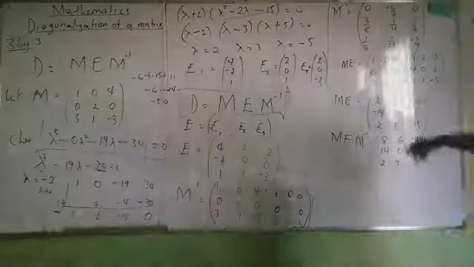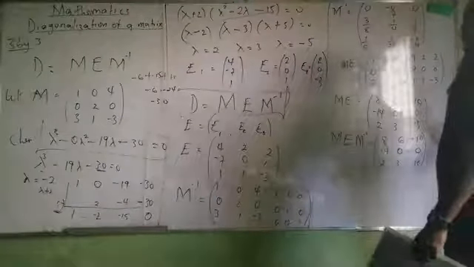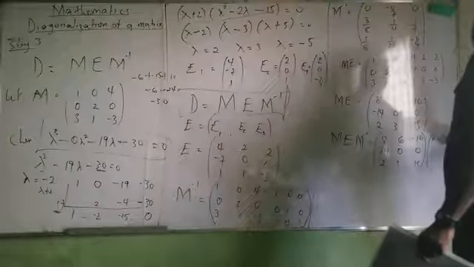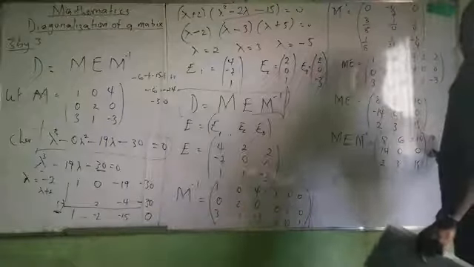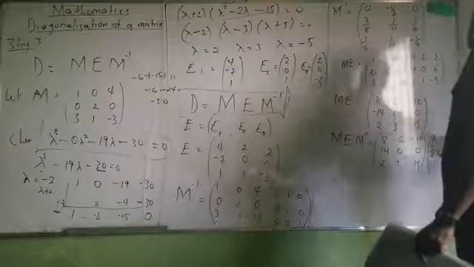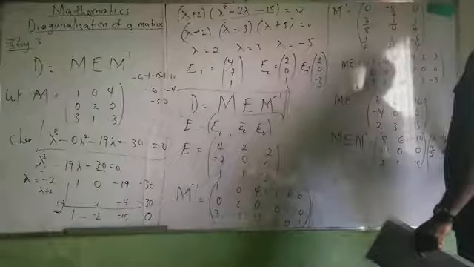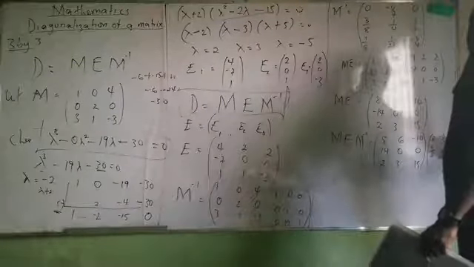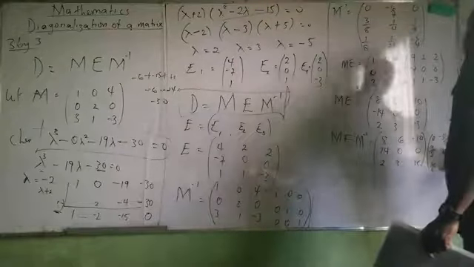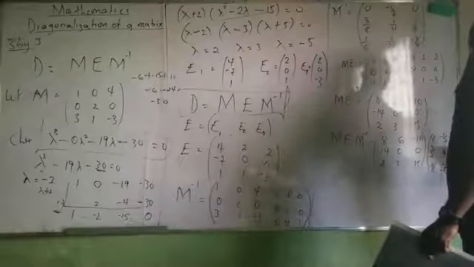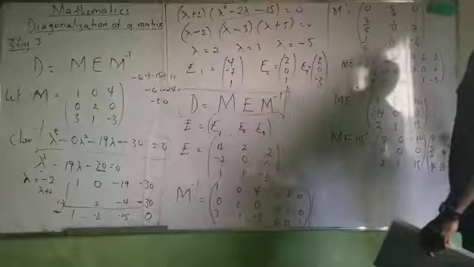My M inverse is 0, minus 1 over 7, 0, and I'll be having 3 over 8, 1 over 4, 1 over 4. I have 1 over 8, 1 over 28, minus 1 over 4. That is mine. Can you see?